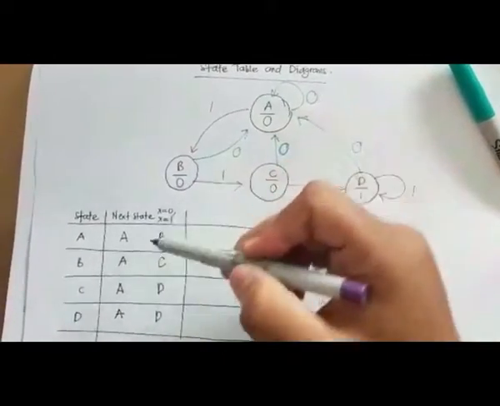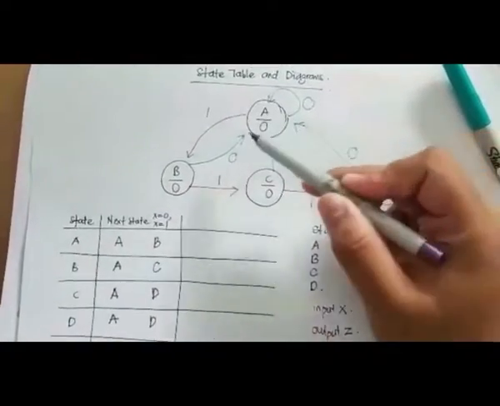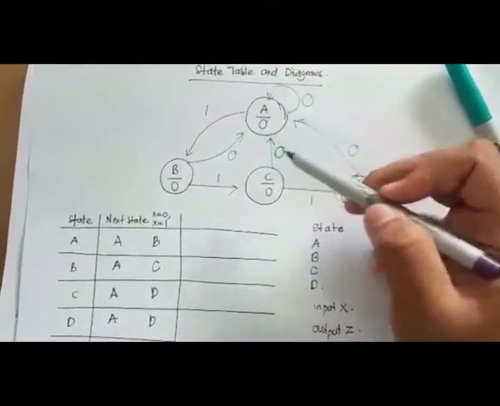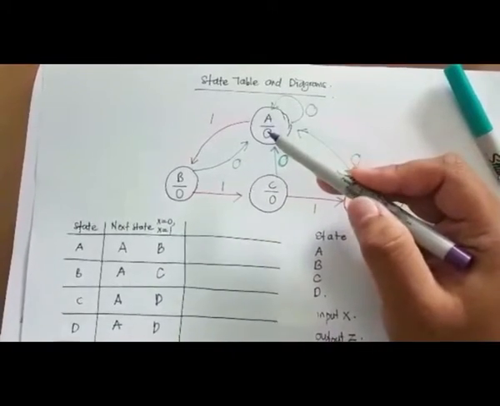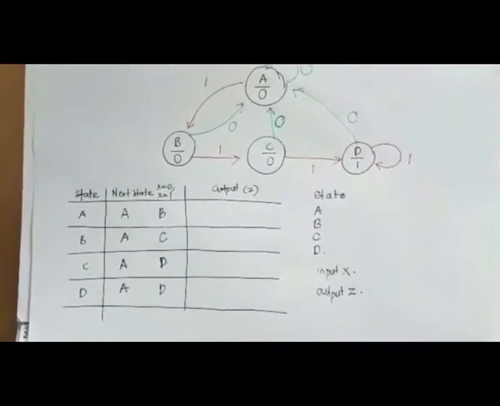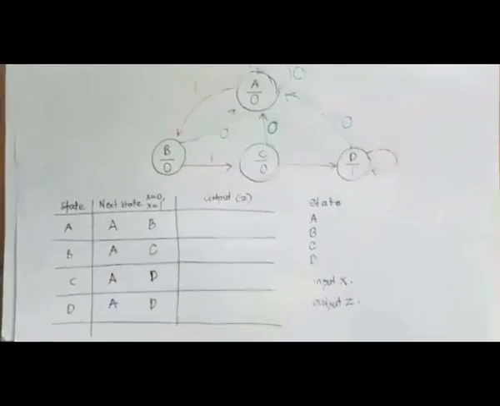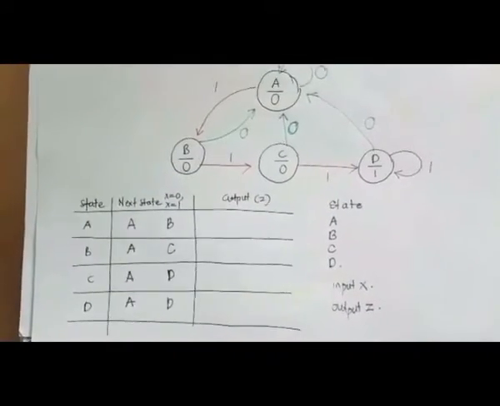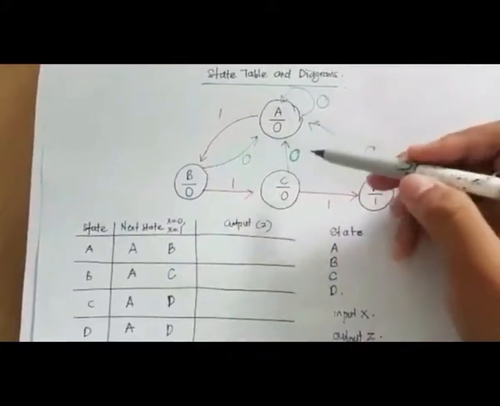This next state depends on the state diagram that we have up here, so it will affect the configurations that we have inside here. For the output, as usual, we have to refer to the state diagram up here.